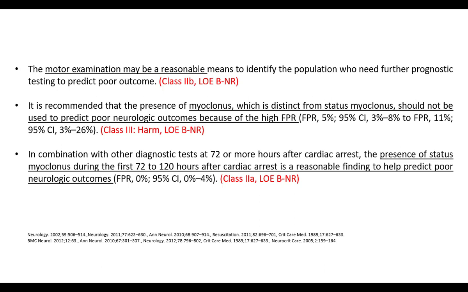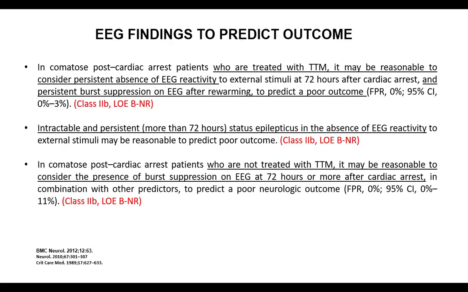But here again, if it is there, you can say that the prognostic outcome is poor. Another important thing is status myoclonus. Status myoclonus during the first 72 to 120 hours after cardiac arrest is a reasonable finding to help predict poor neurological outcomes. So myoclonus, status myoclonus, motor movements, pupillary signs, these are all important things.